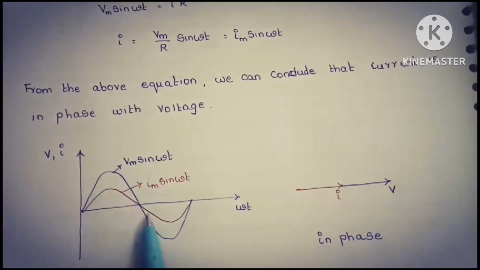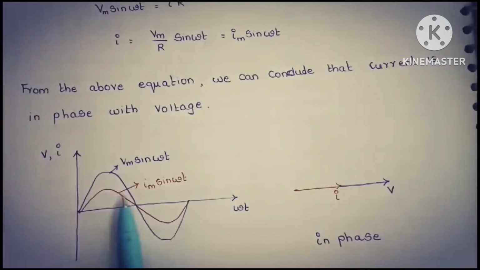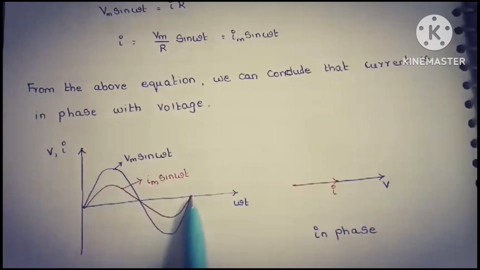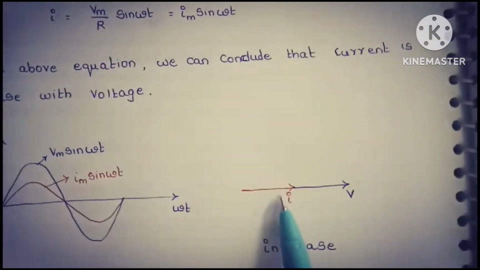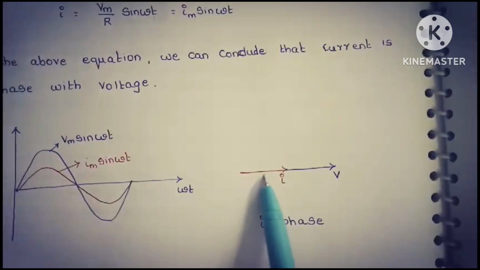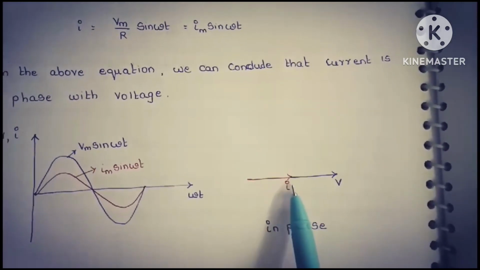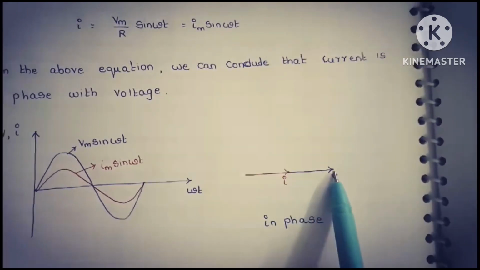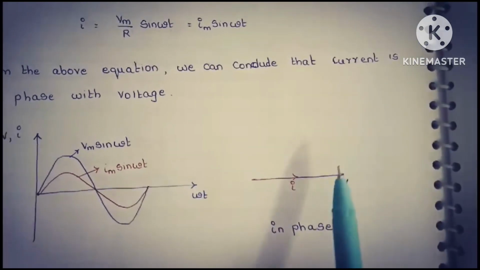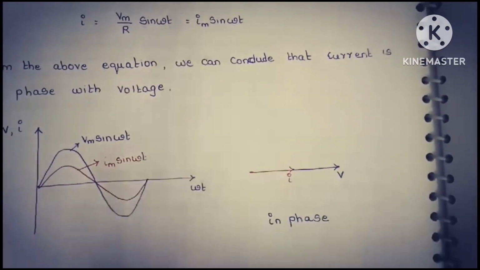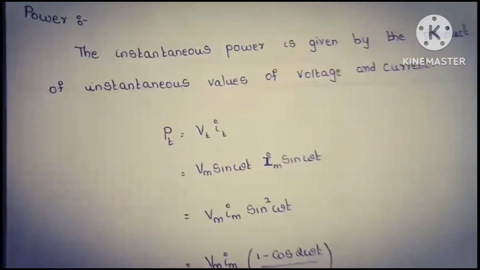From these two waveforms, we can conclude that the current is in phase with voltage, which can be represented as follows: if this is a phasor which represents I, V is in phase with I, therefore it is represented on the same line, which implies the angle between the voltage and current is equal to 0.